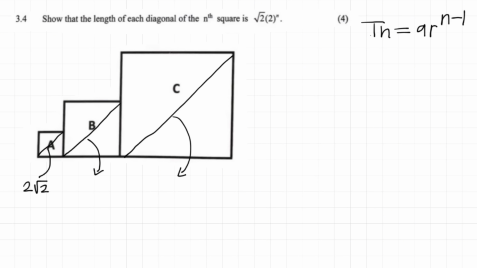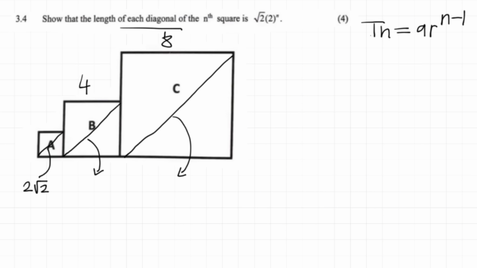Okay, so they want us to show that the length of each diagonal of the squares that are going to be there in future, the next one and so on up until there, is going to be square root of 2 and 2n. So we need to find the diagonals. Remember, this one is 4, and this one is 8.